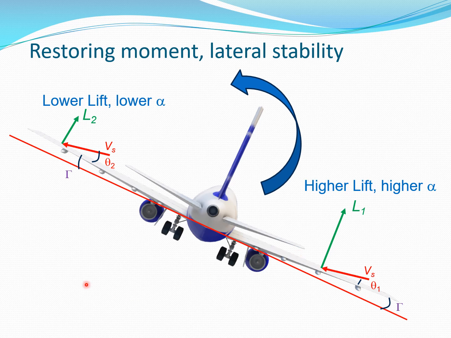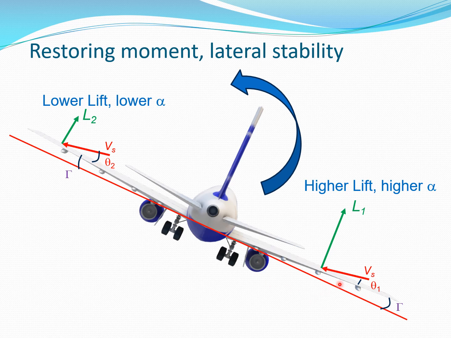Now what this side slip velocity does is that it impinges on both the different wings, and because of the presence of the dihedral, this impact is somewhat dissimilar as far as these two wings are concerned. So if we look at the wing on this side, for example, this theta 1 is small and here the theta 2 is larger.